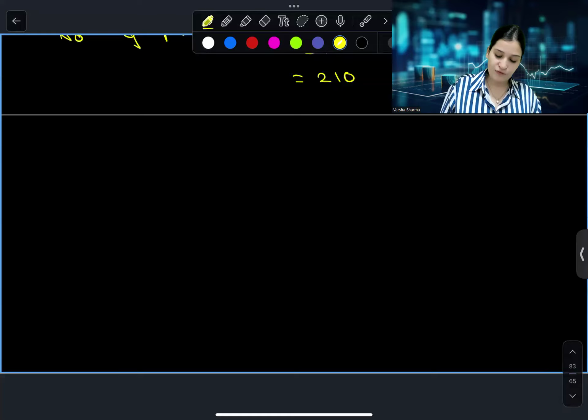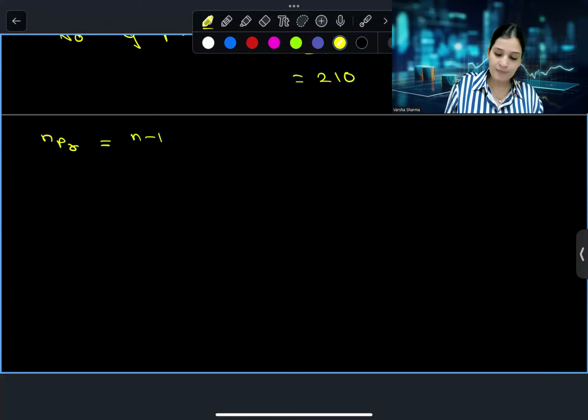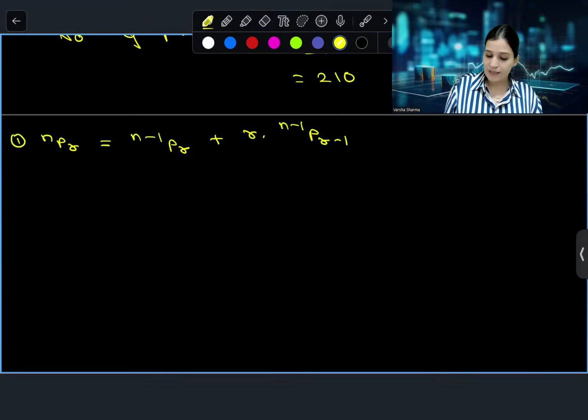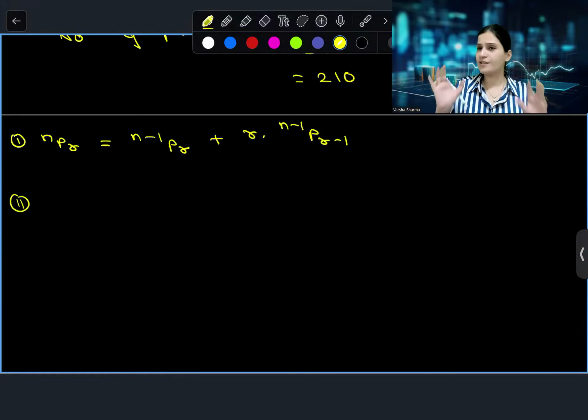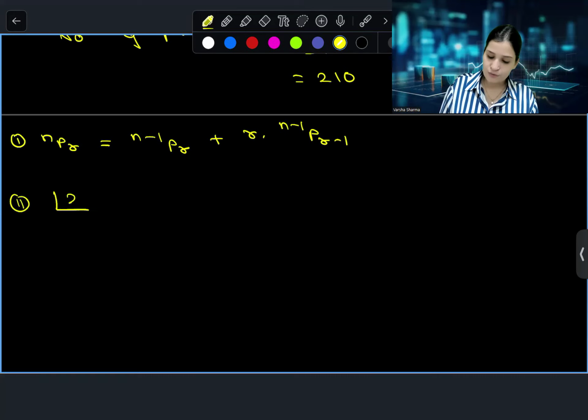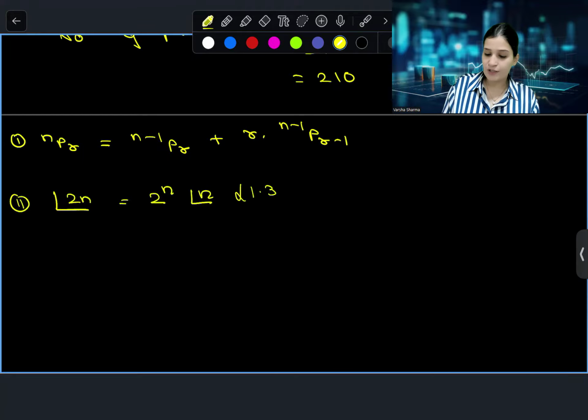Learn two formulas. First, NPR can be written as N minus 1 PR plus R into N minus 1 PR minus 1. Learn this as a formula. Another, you don't use it in sums, just remember it as it is: factorial 2n over 2 to the power n into factorial n, into odd numbers: 1 into 3 into 5 into all the odd numbers up to 2n minus 1.